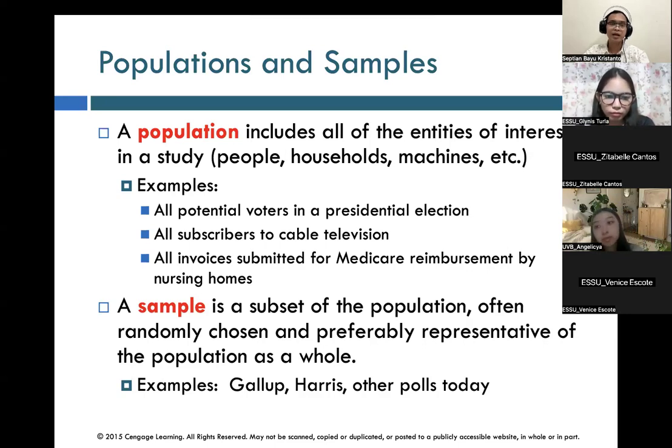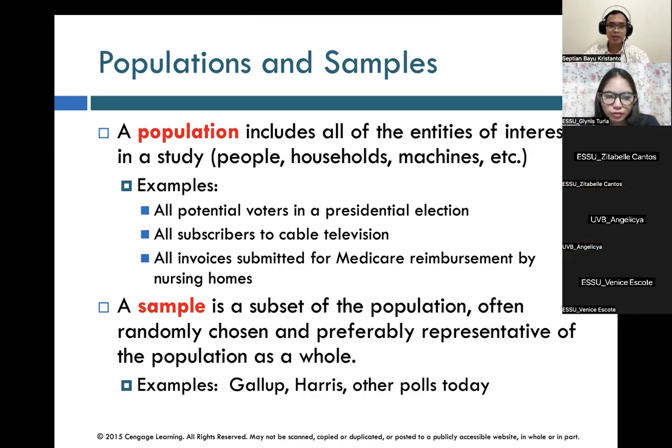It could contain lots of people, lots of potential samples, a lot of data like invoices or the number of business models, and you will divide your population into any kind of samples.